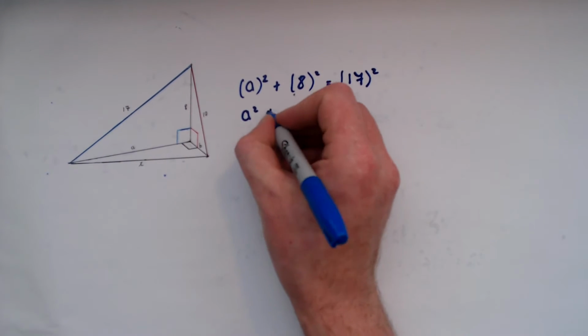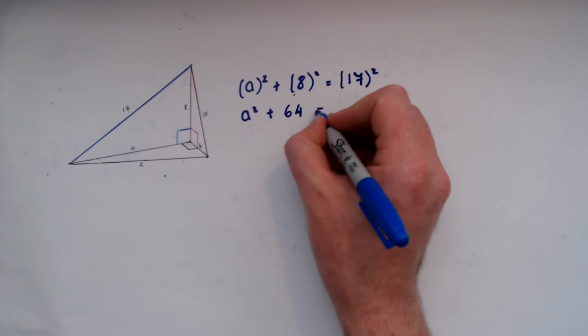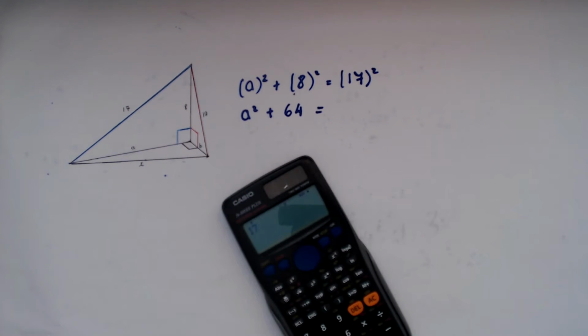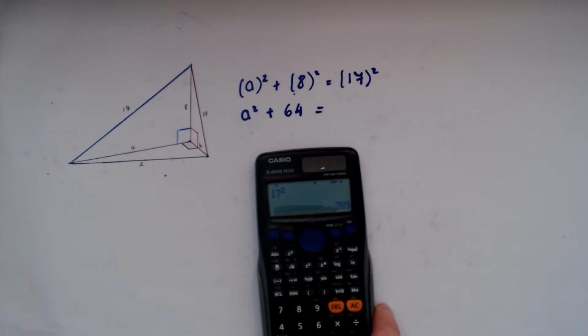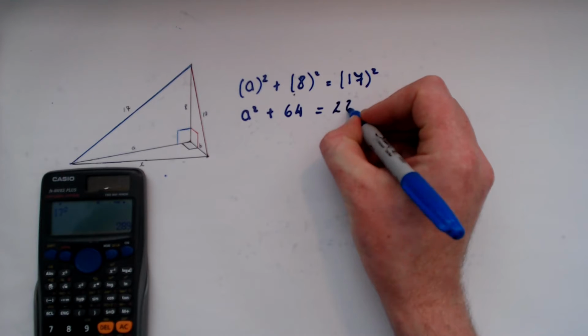Continuing, that is A squared plus 8 squared, which is 64, and that is equal to 17 squared. Taking out my calculator, 17 squared is 289.